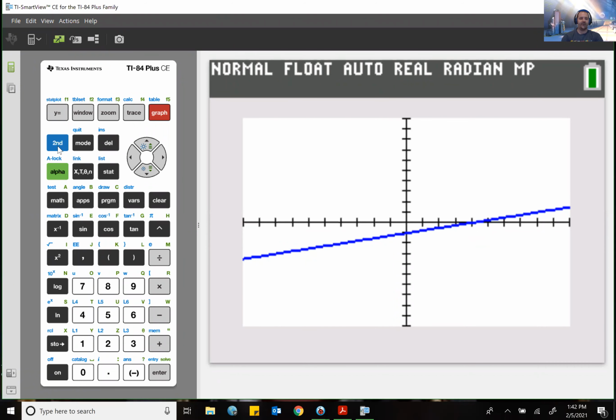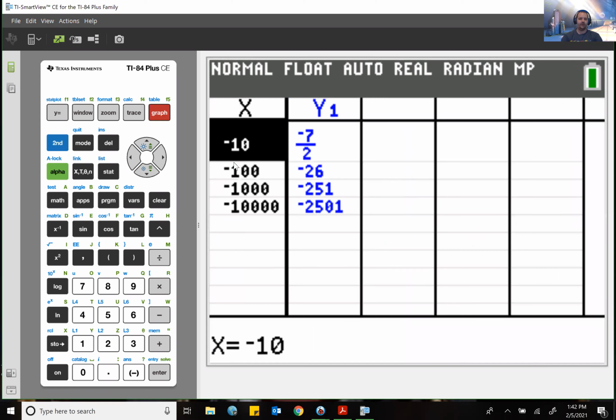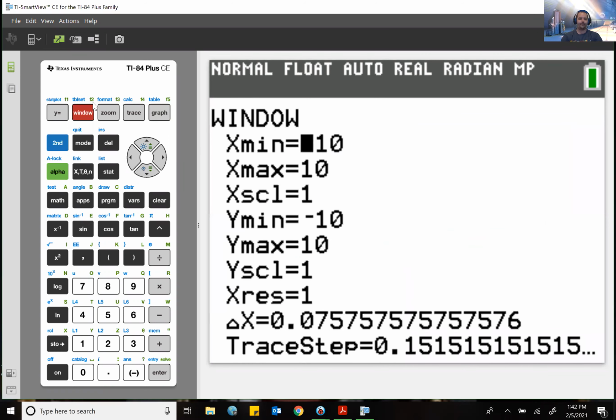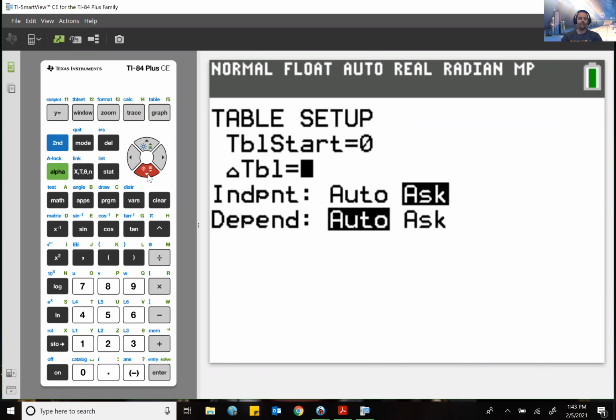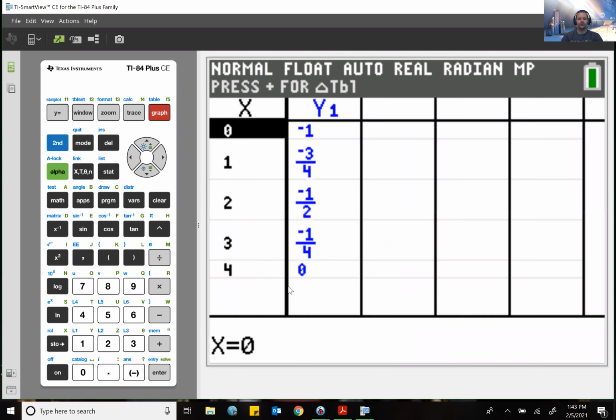And if you just want to verify that, because you might double check, let's change that up. Yours won't be like mine. That's from a previous class. So now if I go into the table, there you can see the x-intercept. And now you can see on the table, there's the y-intercept. So you can use your graphing calculator to help you out. There's nothing wrong with that.